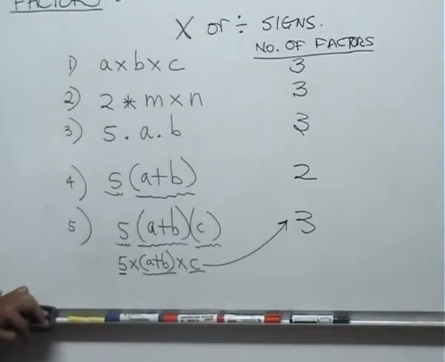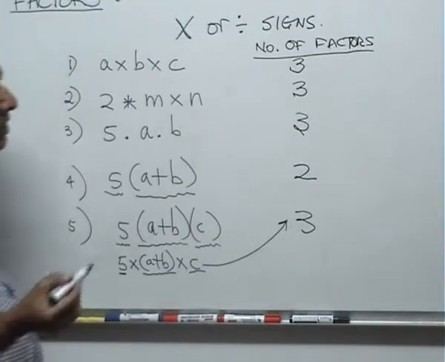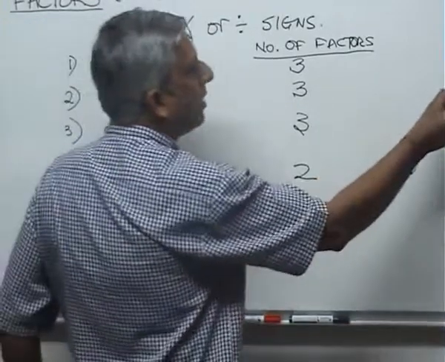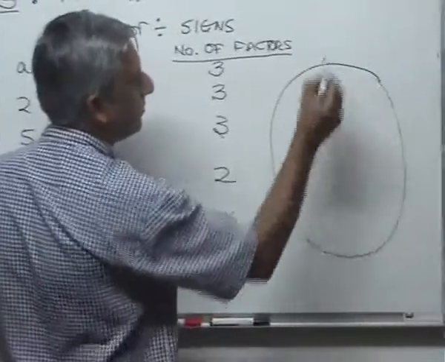Alright, so these are the basics, and so far you should be able to identify terms and factors. So in your mind by now, you should have a little picture.